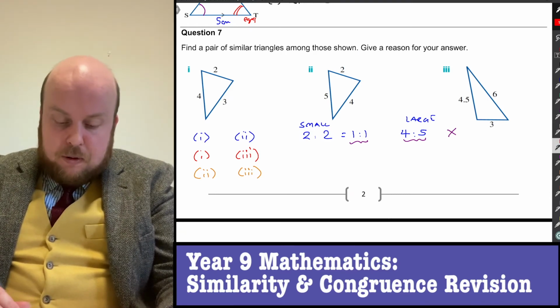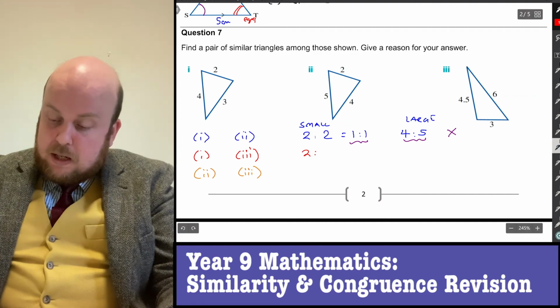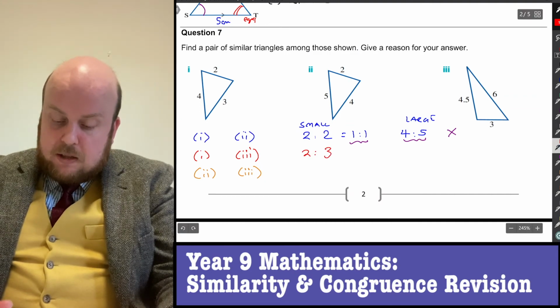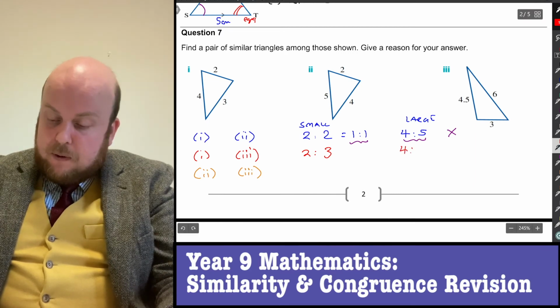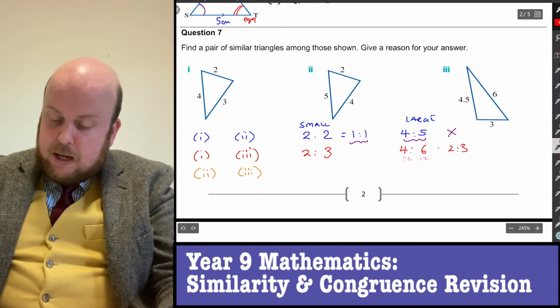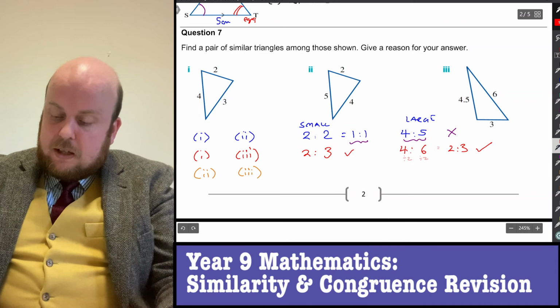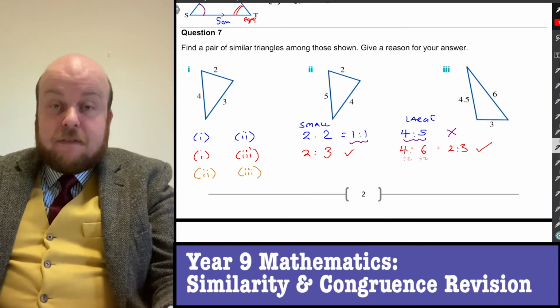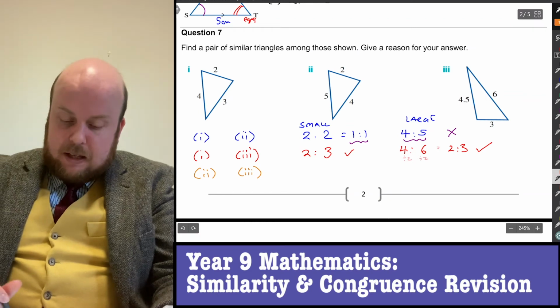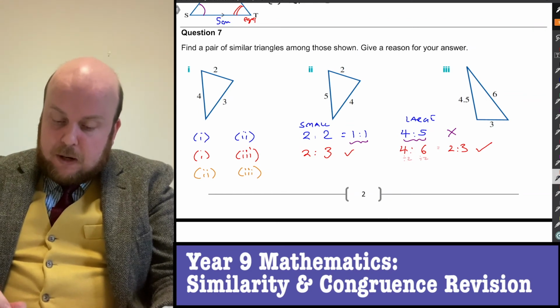Triangle 1 and triangle 3: the smaller side is 2, the smaller side is 3, so we have a 2 to 3 ratio. The largest side is 4, the largest side here is 6, and that can be divided down into 2 to 3. Those are the same, so they're similar. Let's see if the last set of triangles are similar. Let's see if 2 and 3 are similar as well.